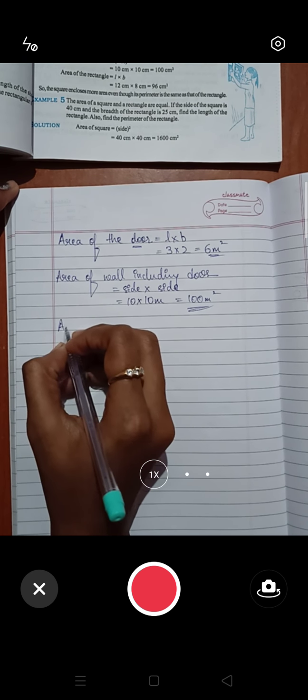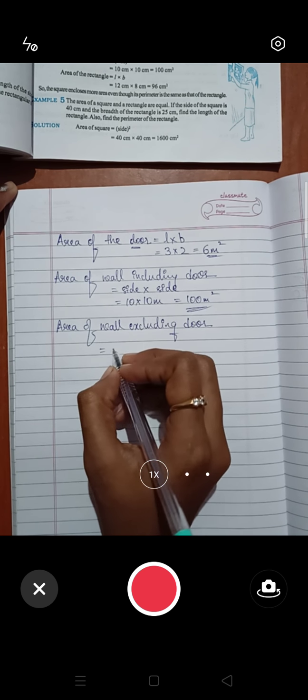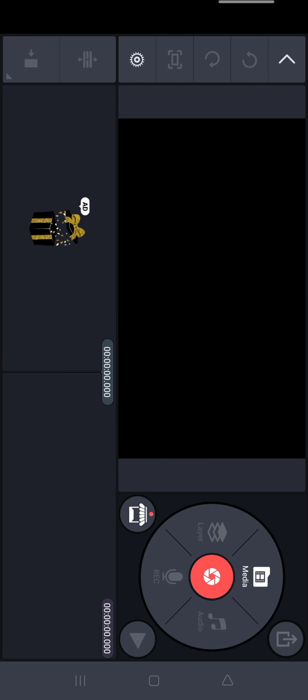So let us now subtract. Area of the wall excluding, which means removing, the area of the door will be 100 meter square minus 6 meter square, because both are areas. So I have put the bracket.